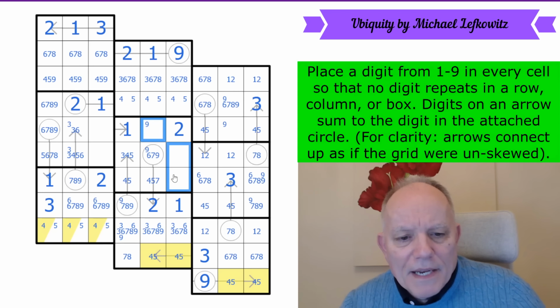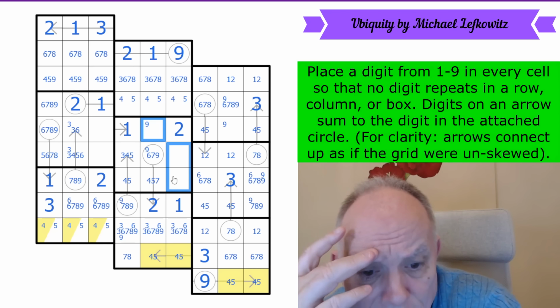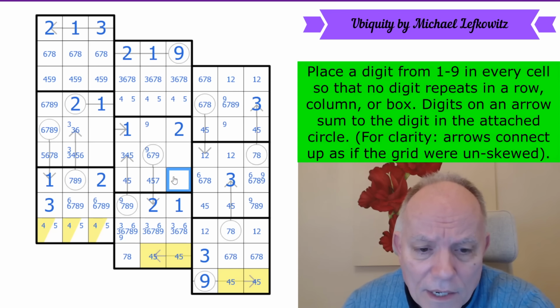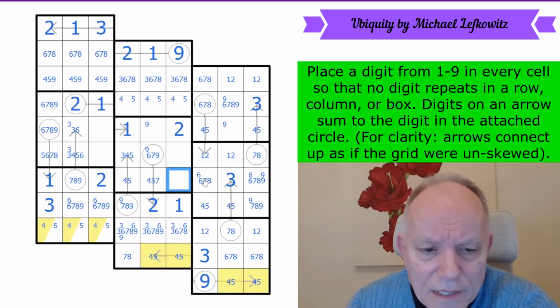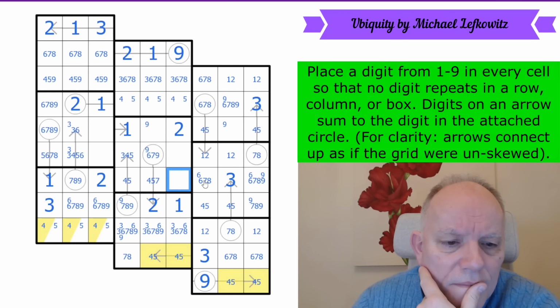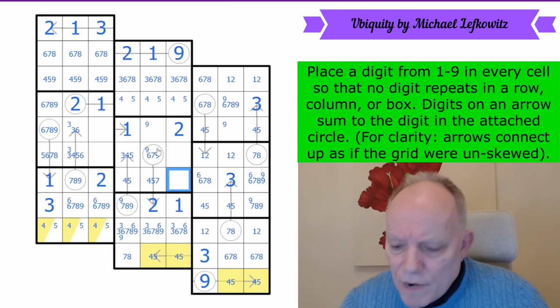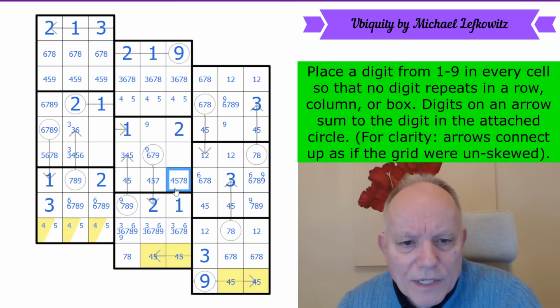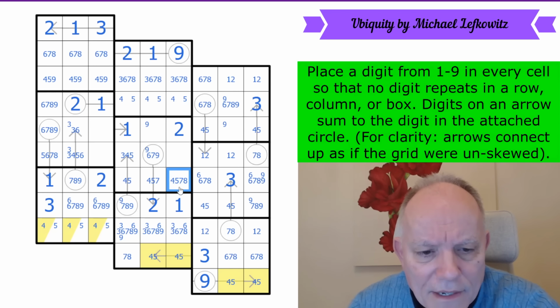And these remaining digits in the box would be 3, 6, and 8. That one is not allowed to be 3 or 6. This is already 4, 5, 7, or 8, which is a slightly more restricted set than expected. I hope I said 4, 5, 7, or 8. I was excluding 6.